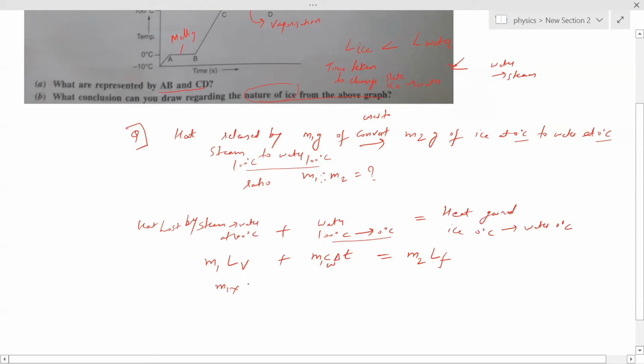Tanisha, what is the value? 2268. Plus M1 into, what is the specific latent heat of water? No, just specific heat of water. Heat capacity 4.2 into 100. Perfect.